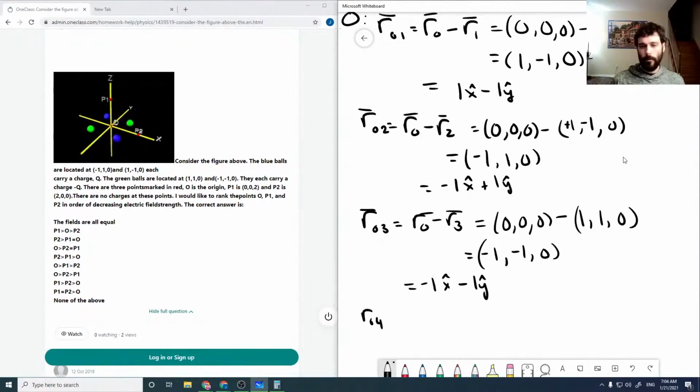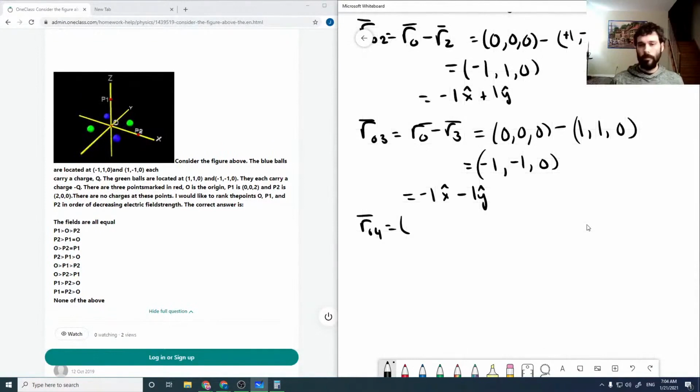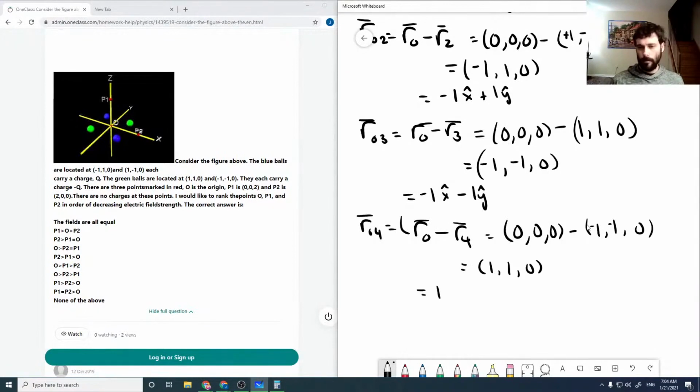And then RO4 is RO minus R4, 0, 0, 0 minus minus 1, minus 1, 0, which is equal to 1, 1, 0, which is 1 x hat plus 1 y hat.